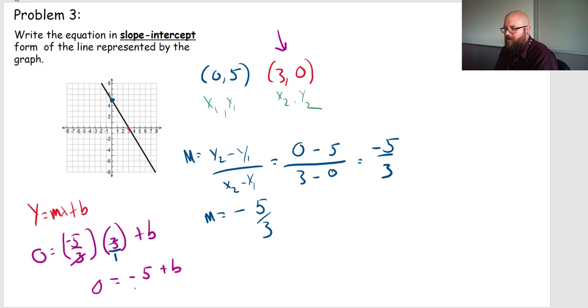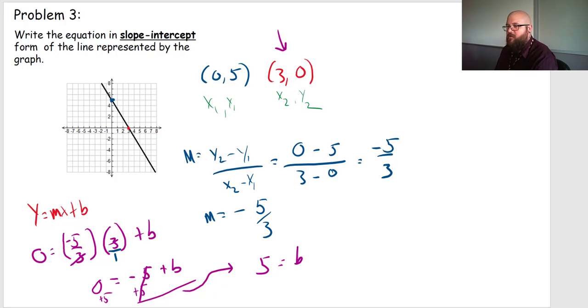And if we add 5 to both sides, you see these 5's cancel out on the right, and 0 plus 5 is 5, and you're left with b. So our y-intercept is 5.